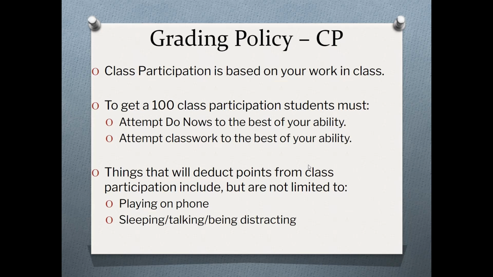But for the most part, if they start playing on their phone or doing any of this stuff, it's going to start negatively affecting them. So if you start seeing their participation grade for the week going down to 90, 80, or 70, it usually means that they're not doing what they're supposed to be doing in class.